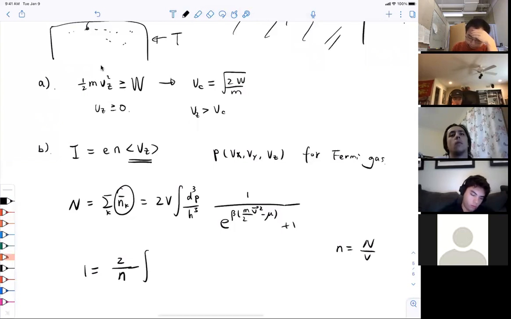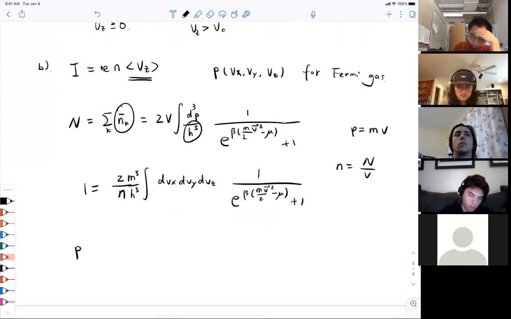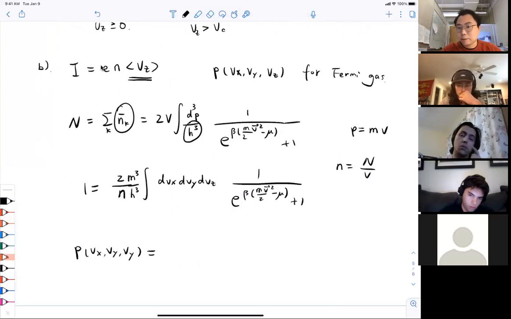Integration, with p equal to m V, so it's m cubed dVx dVy dVz. Awesome. That tells us the probability for this guy is nothing but the integrand.